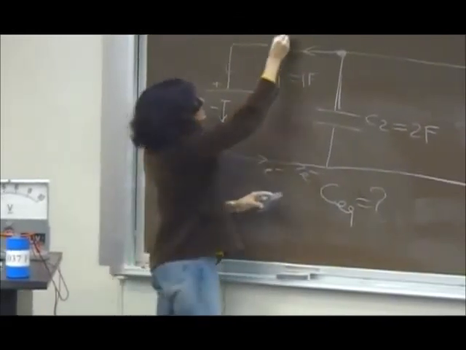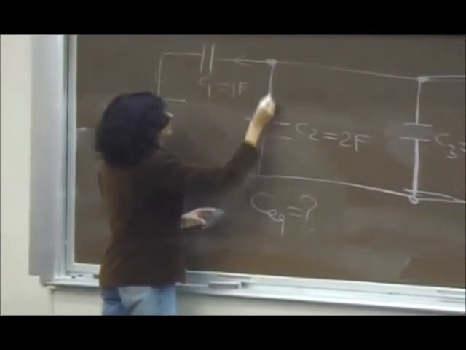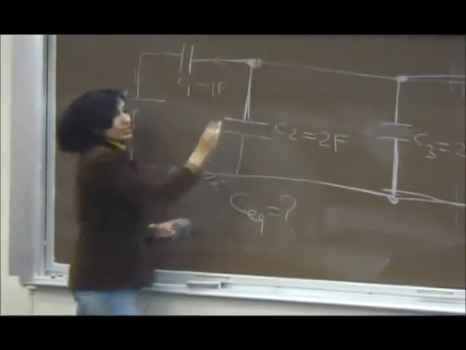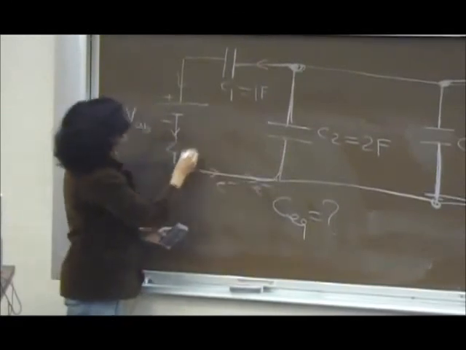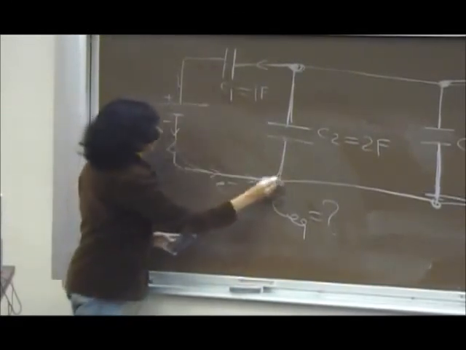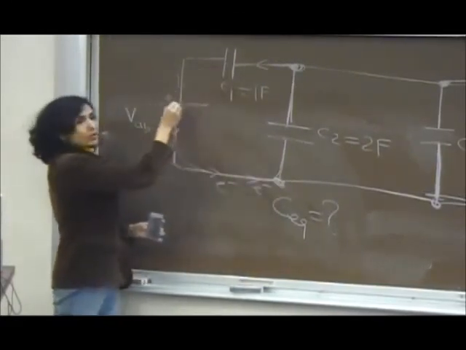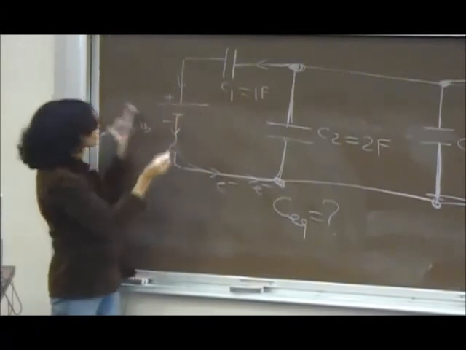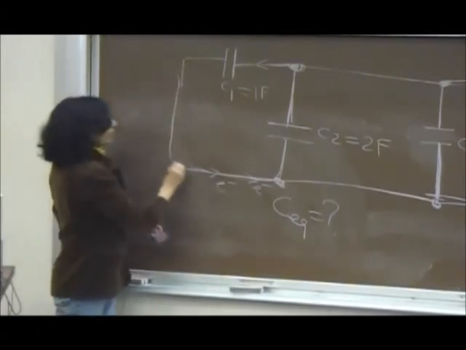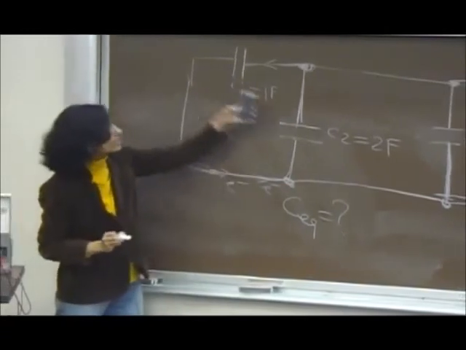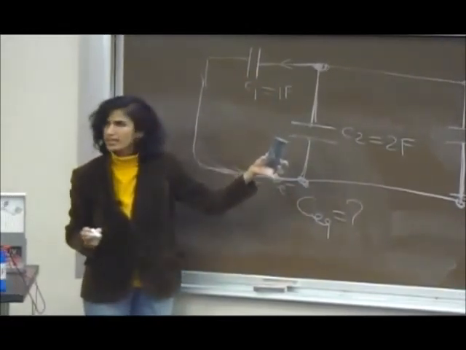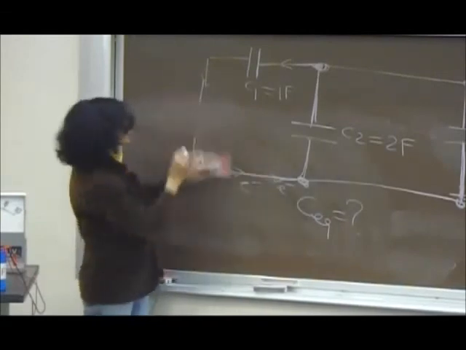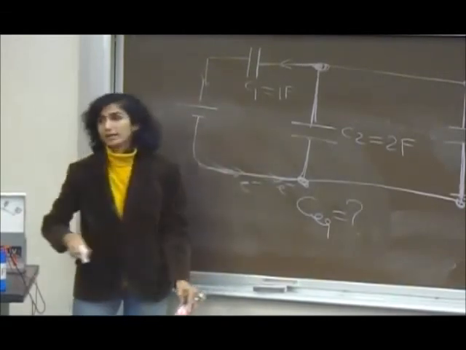So this end of this capacitor, this end of this capacitor, they are meeting at a junction, looks like it might be, but let's look at the other side. Oh, there's a problem, they're not meeting at this junction, there's a battery in between. If this battery was not there, if it was just like this, then yes, C1 and C2 would have been in parallel with each other. Do you understand what I'm trying to say? But the fact that there is a battery here, they are not in parallel.